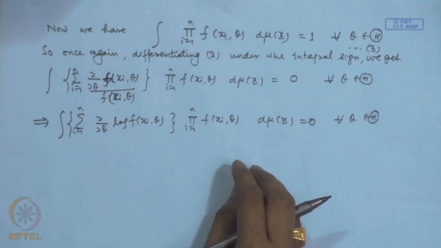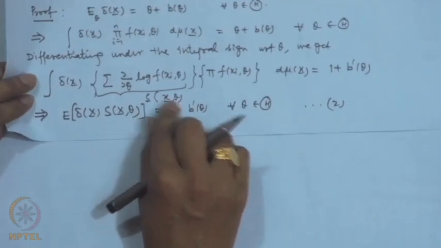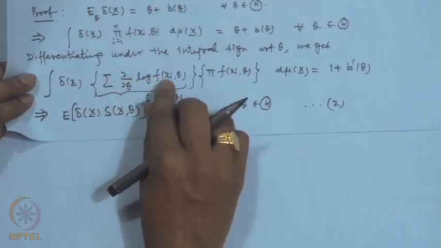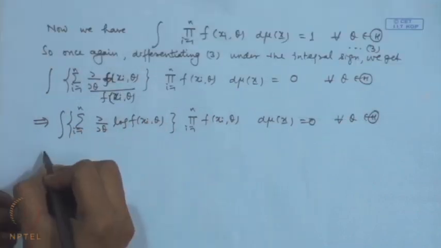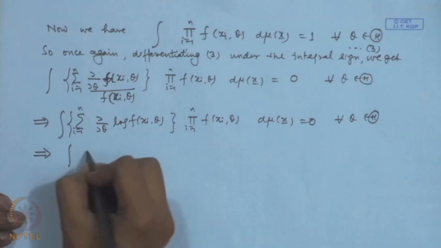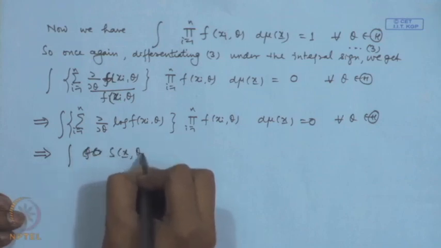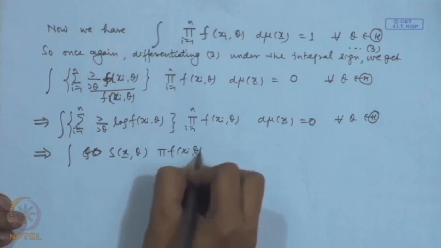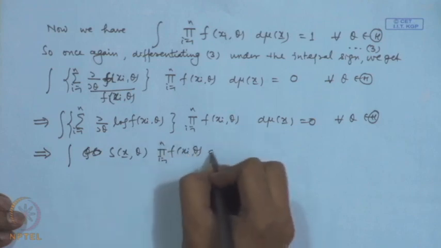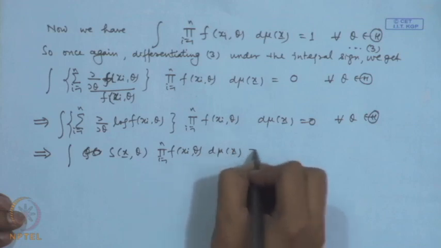Now, compare this. Here we defined S x theta to be sigma del by del theta log of f x i theta, and this is the term. So, what we have got here? We have got the integral of S x theta product f x i theta d mu x is equal to 0.